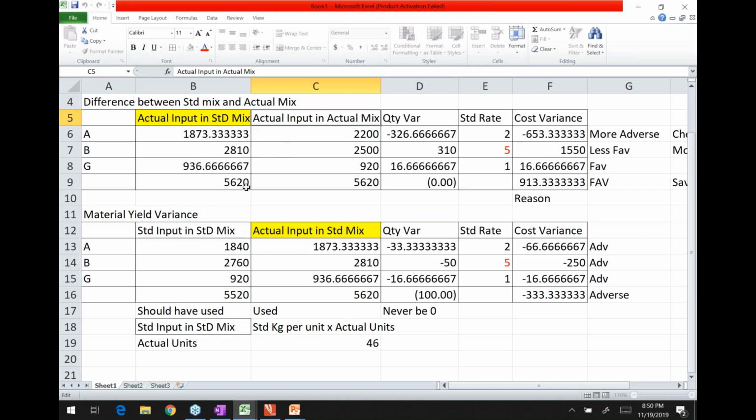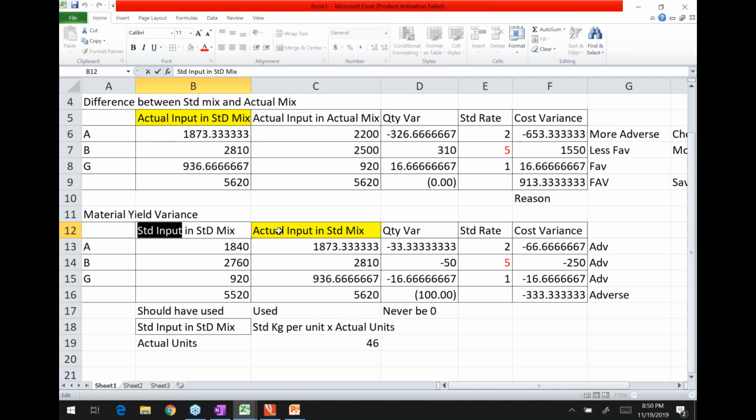Input is same. When you come to yield, in yield you see common is mix. Standard mix here as well. Standard mix here as well. So remember, whenever things are common, the difference is not of that common thing. So the difference is because of what?